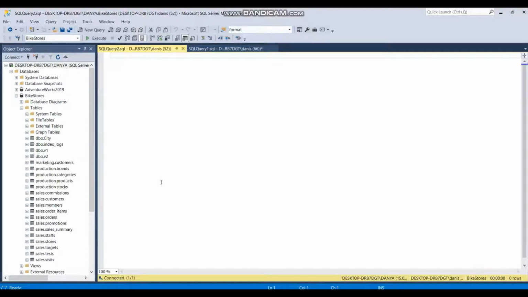SQL does a lot of different things, but basically SQL can execute queries against a database, retrieve data, insert records in a database, update records in a database, create stored procedures, create views in a database, set permissions on tables.